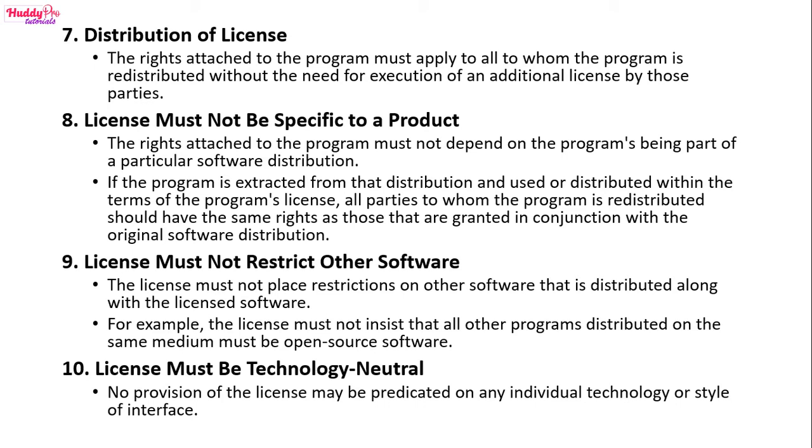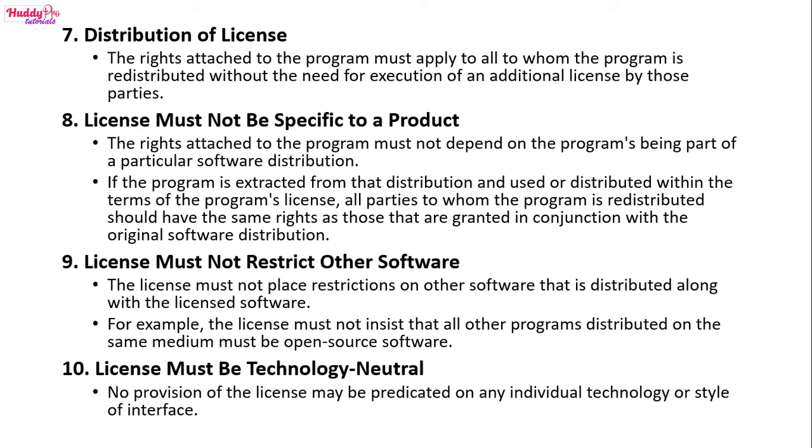Here we mean that the rights attached to the program must not depend on the program being part of a particular software distribution. So the rights that are attached to the program should not depend on the fact that that program is part of a particular software distribution.